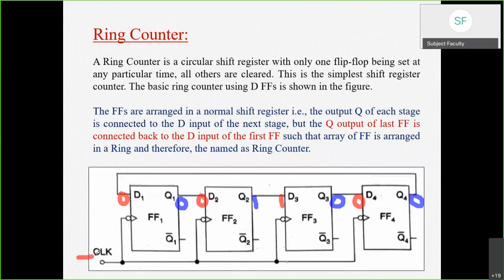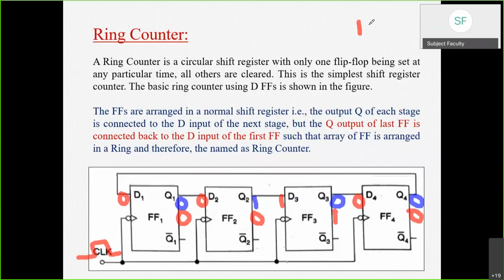So after application of this clock, again the outputs of all flip-flops will change depending on the value of input. For flip-flop 1, the input is 0, so output will be 0. For flip-flop 2, input is 0, so again output will be 0. For flip-flop 3, input is 1, so output will be 1. For flip-flop 4, input is 0, so output will be 0.